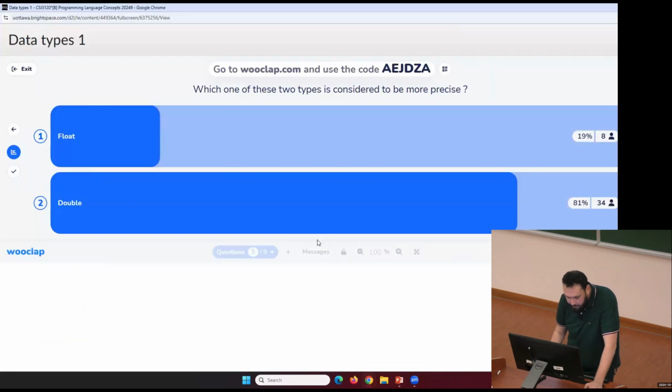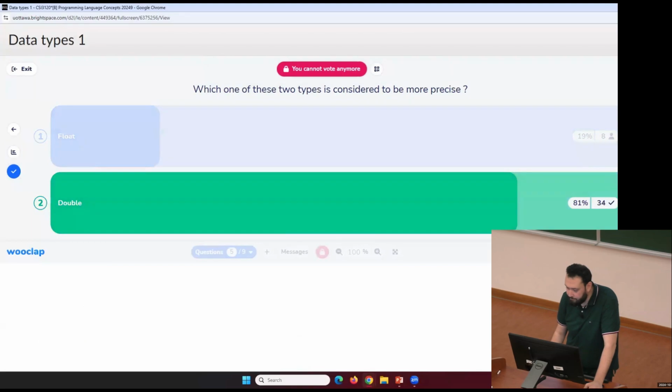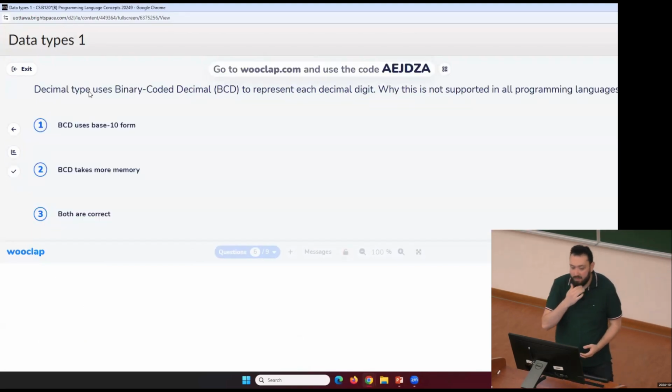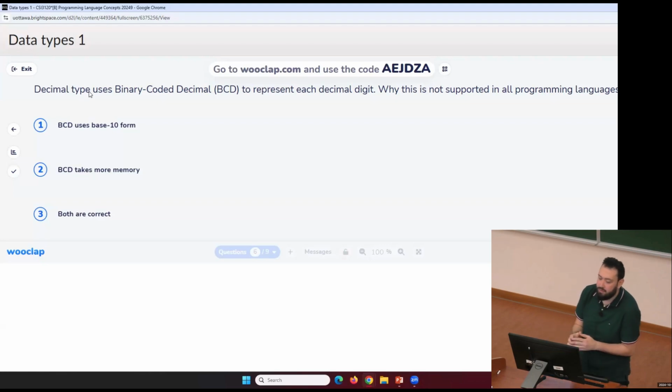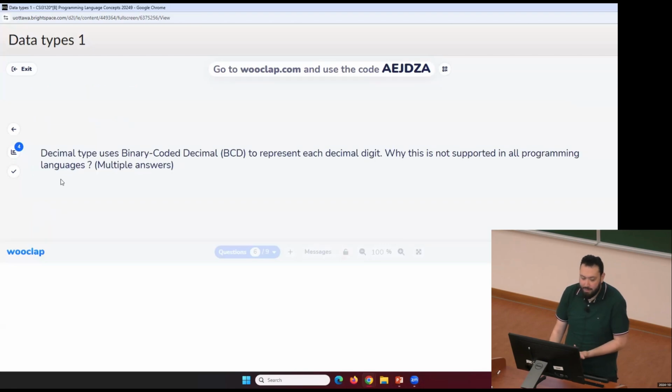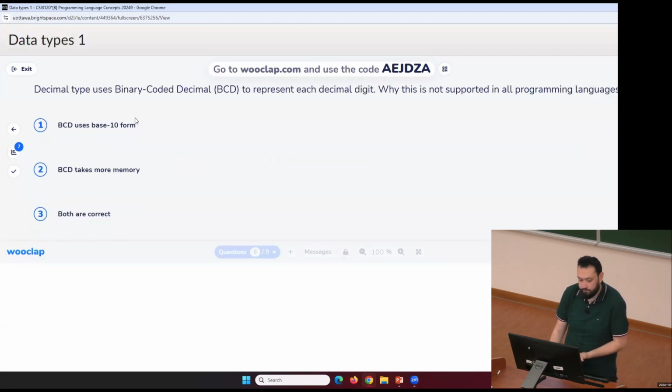Okay, let's go back here. So double. Now, decimal type uses, let's say, binary coded decimal to represent each decimal digit. Why is this not supported in all programming languages? There's no multiple answer here.